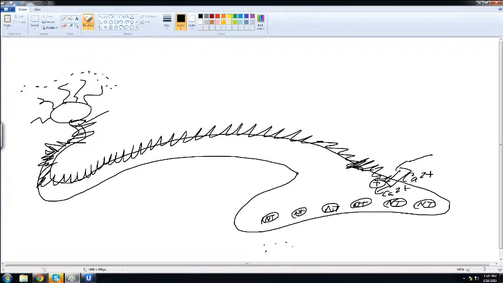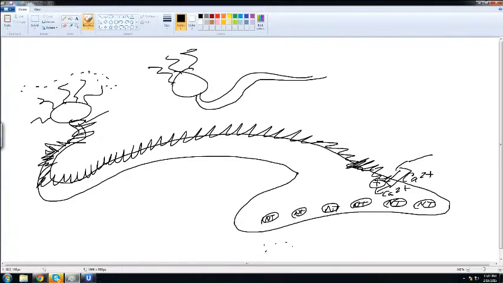But you can see that you could not use a graded potential here. Let's say we have a hypothetical neuron with an axon. If we had graded potentials, they would all fizzle out way before they could get down the axon. Even if they were originating from here, they wouldn't be able to travel down because they degrade, and there wouldn't be any propagation of an electrical signal down the axon.